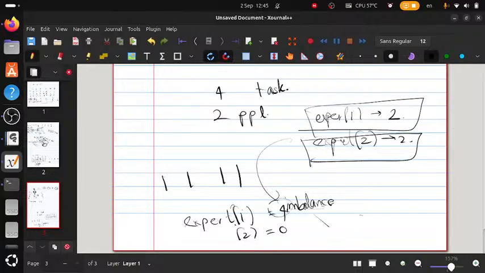So the imbalance is actually of 1, so that 1 task is here.